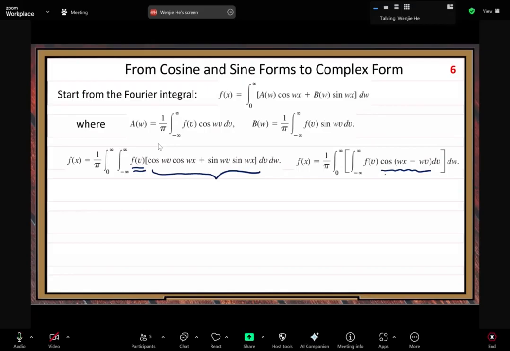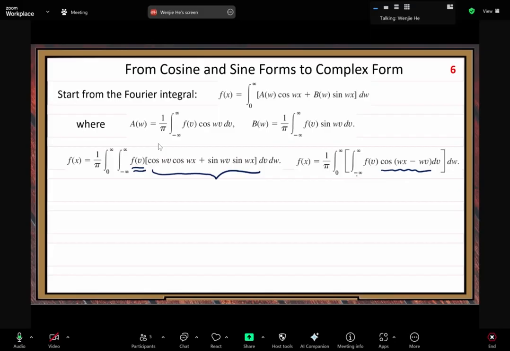So then, what's next? What to do next? Here, you can see we have a nested integral: outer integral, inner integral.